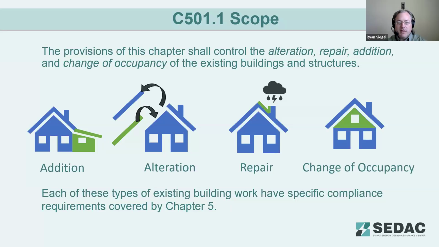This could include things such as adding insulation to a building, replacing an HVAC unit or replacing windows. All of those would be examples of alterations to the building. Repairs, this is where we have a particular set of damage that we are trying to repair and remedy from an event that occurred. And then finally is a change in occupancy. As noted here, each of these have their own specific requirements in their own section within Chapter 5, which we will cover in much greater detail as we go forward.